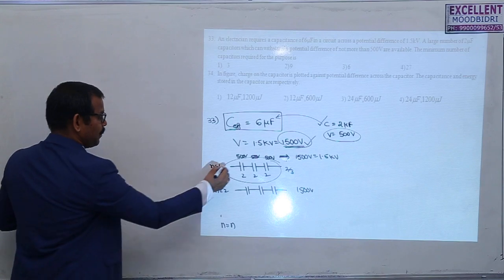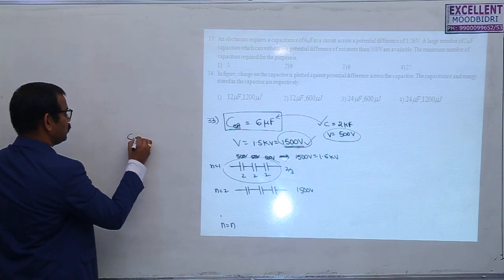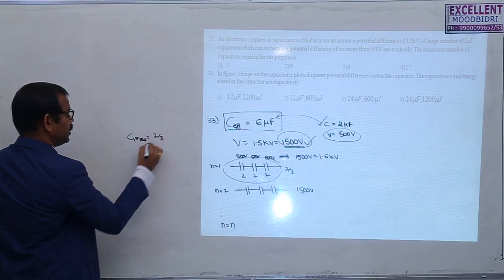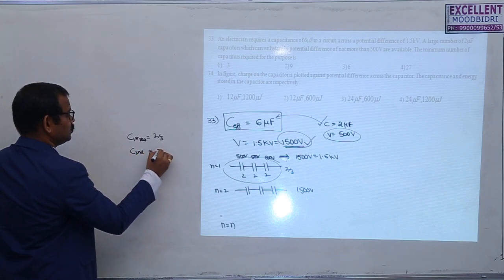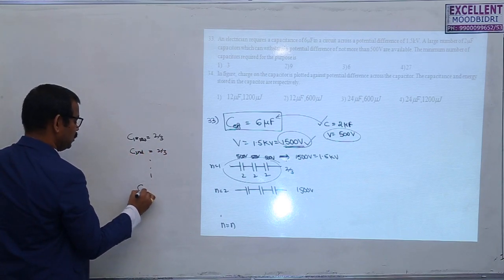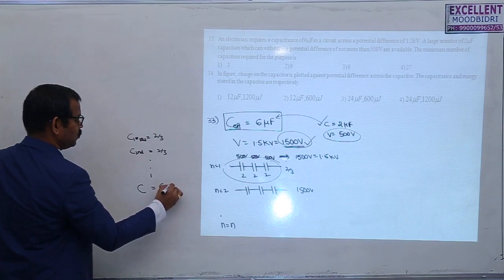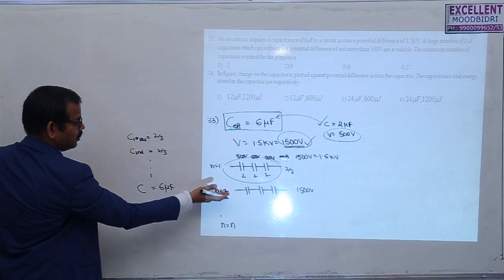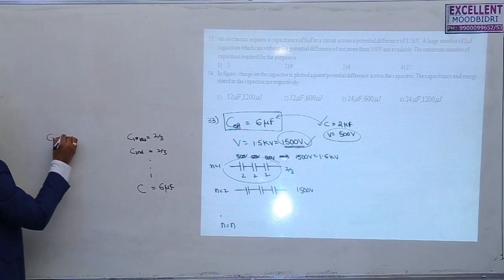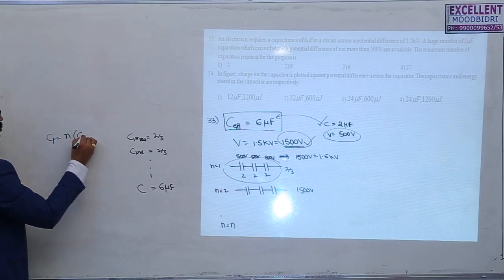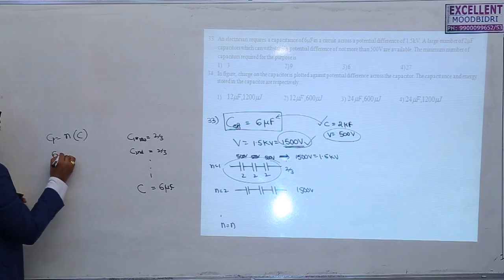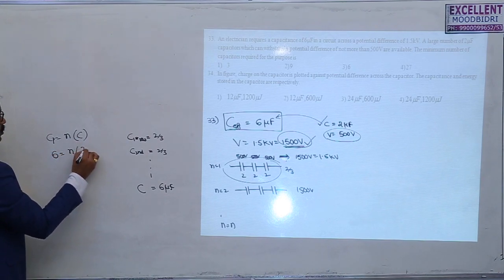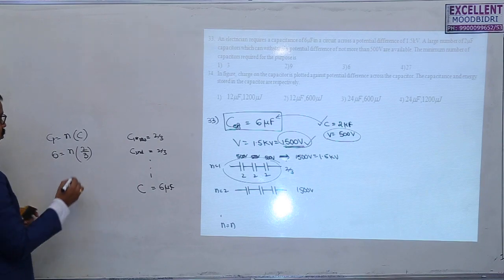So if you add these, the capacitance in the first row is 2/3, the capacitance in the second row is 2/3, and so on. The total capacitance must be equal to 6 microfarad. To achieve this, as these are connected in parallel, Cp is equal to N into C, that is 6 microfarad is equal to N into 2/3, which is in each row.